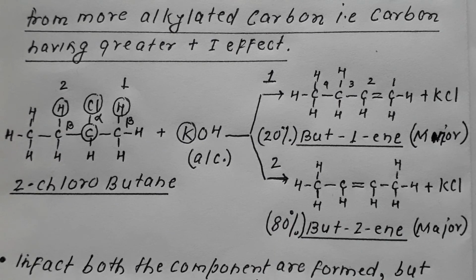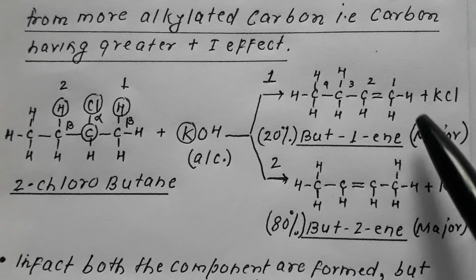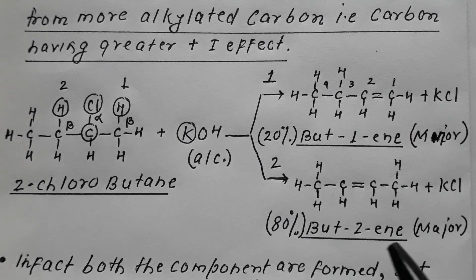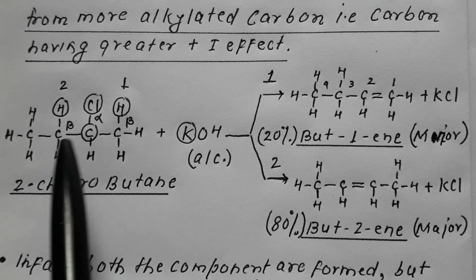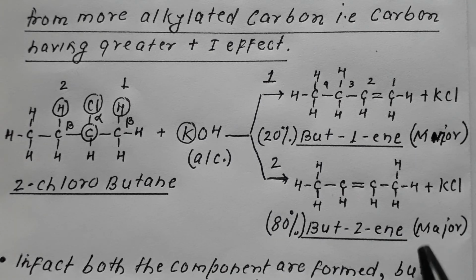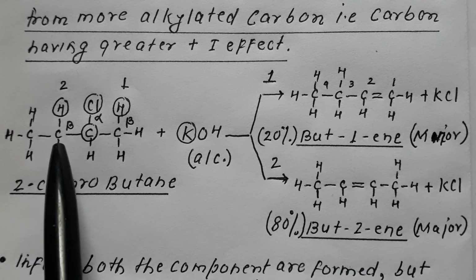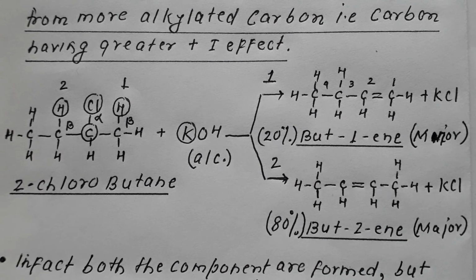Therefore, as per the rule, but-1-ene should not be the product, it should be but-2-ene, because hydrogen has to be eliminated from the carbon which is more alkylated.